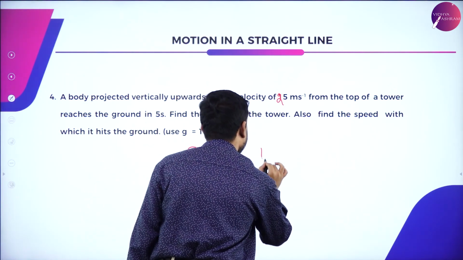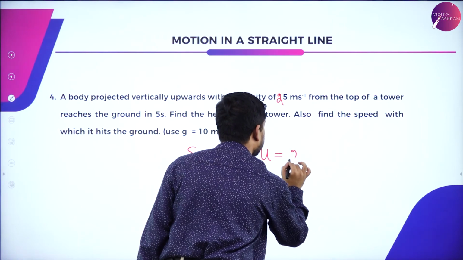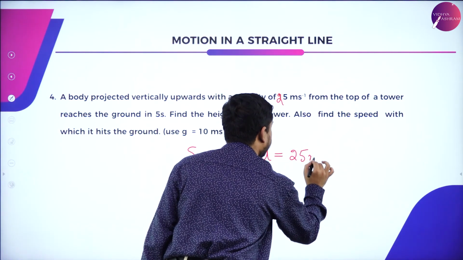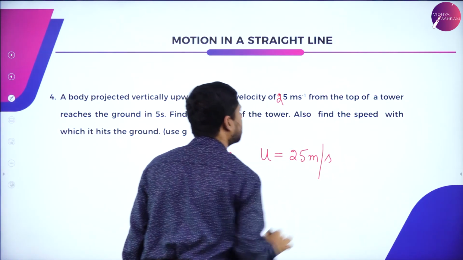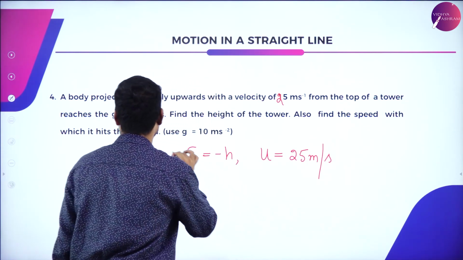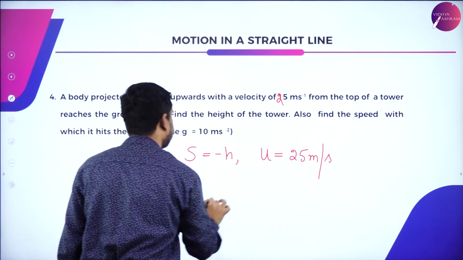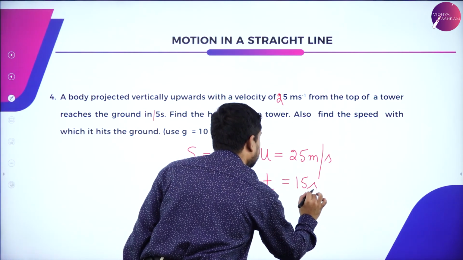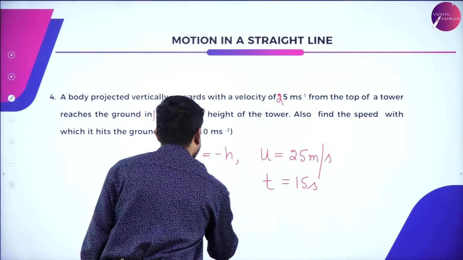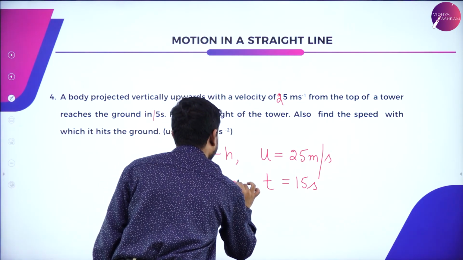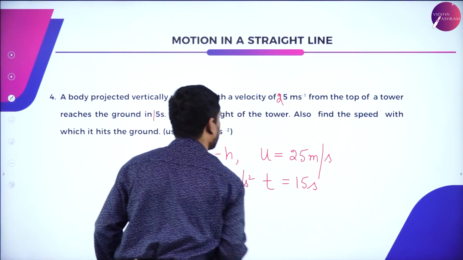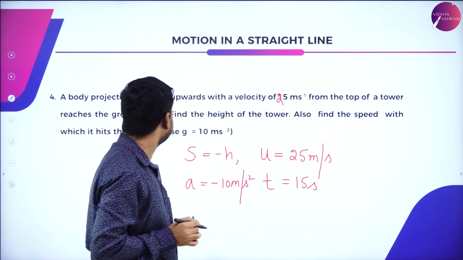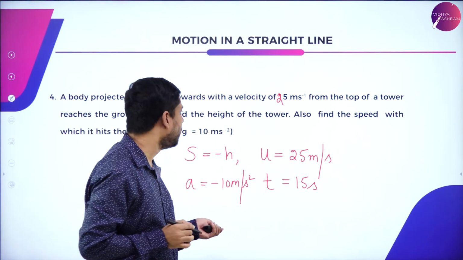Velocity of projection is 25 meter per second. I say T is 15 seconds and a is minus 10 meter per second square. The same thing has to be calculated.